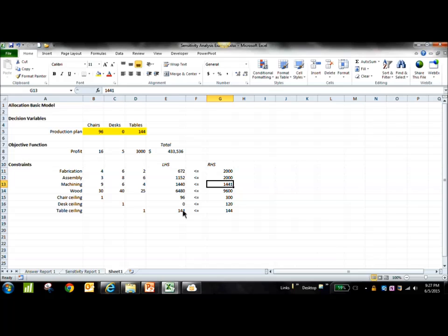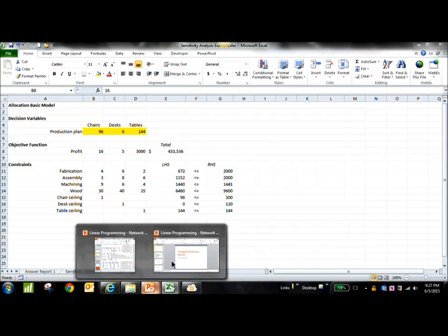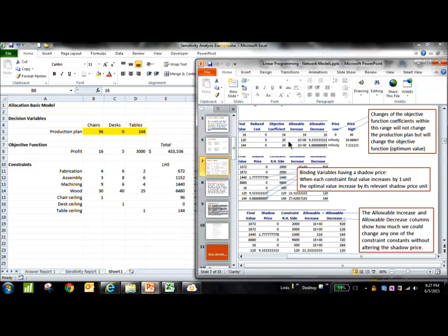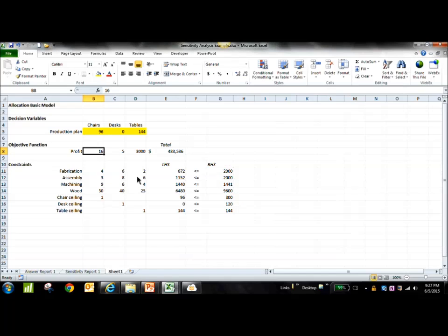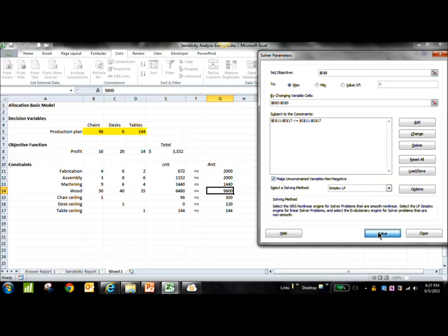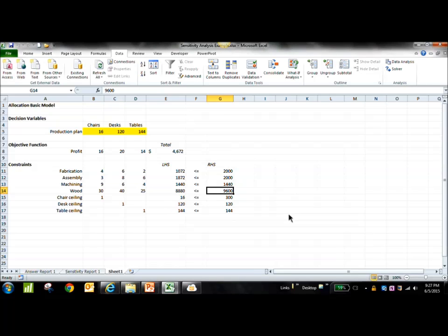In fact, I'm going to make sure that the profit values are set up properly according to this: 16, 20, and 14. Okay. I'm going to rerun this very quick. Just give me 1 second. Okay, I'm where I need to be right now.